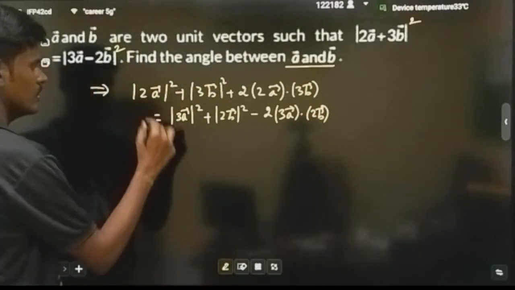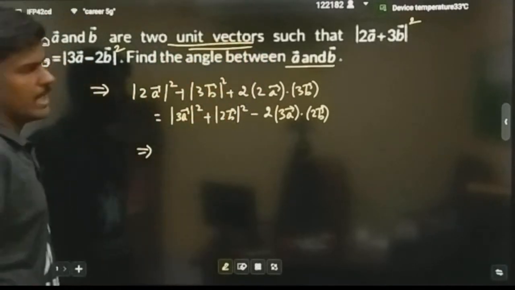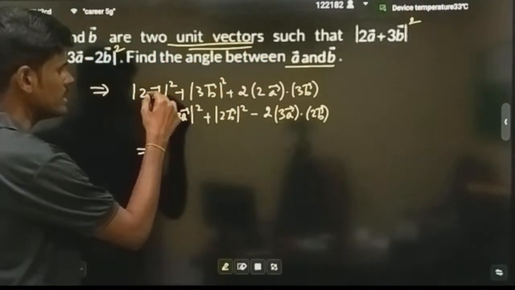Now A and B are unit vectors, so the magnitude is 1.